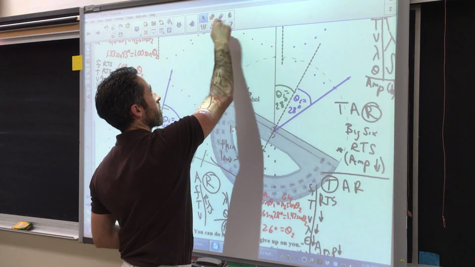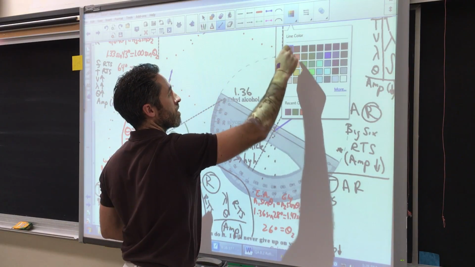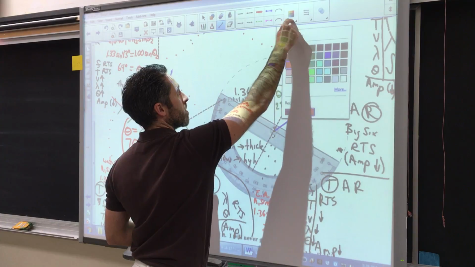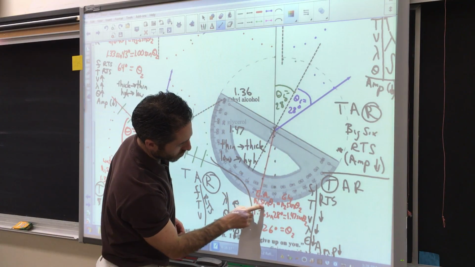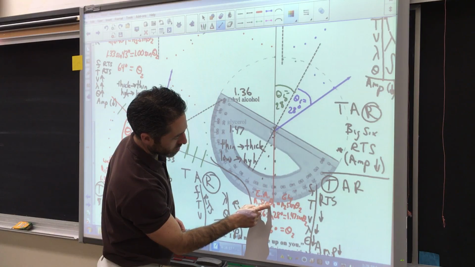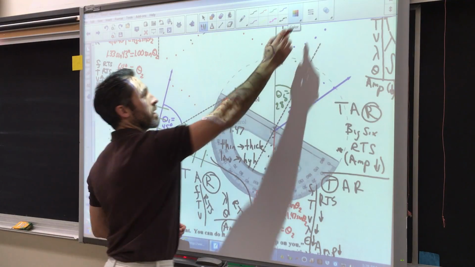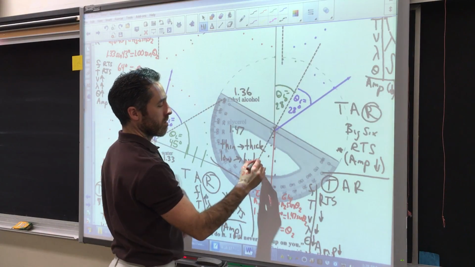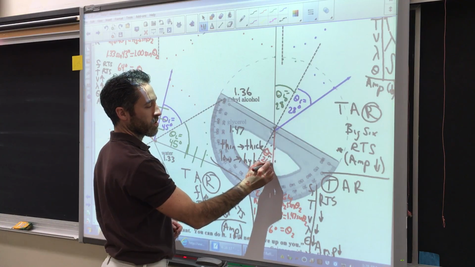And so we have to draw our ray. Right through there. Good. So now our angle of refraction is 26 degrees.